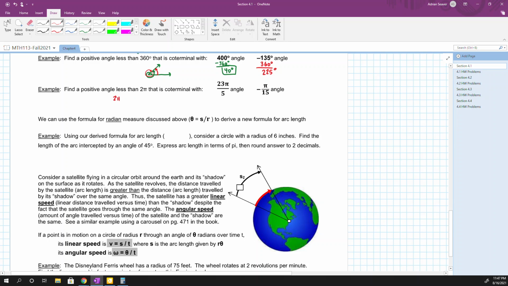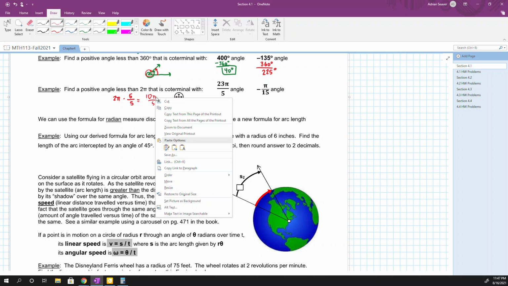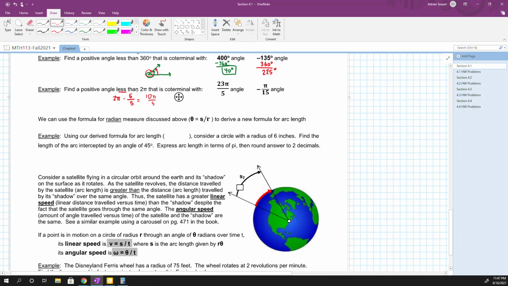So if I want 2 pi to have a denominator of 5, I could multiply this by 5 over 5, and you get 10 pi over 5. So I need something that is less than 10 pi over 5. Well, 23 pi over 5 is not it, but I can subtract 2 pi from that.